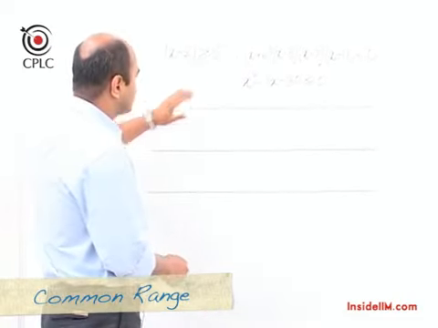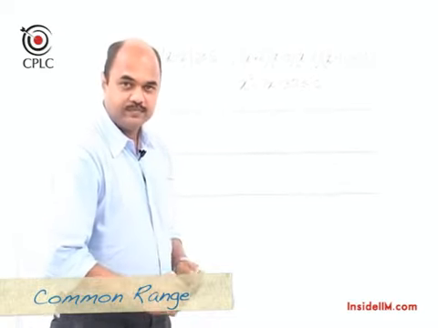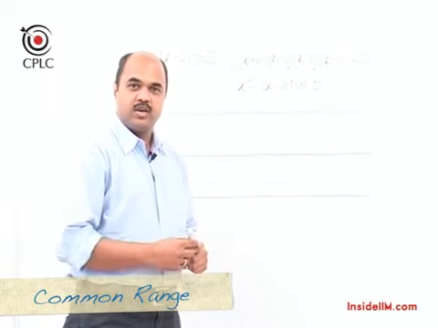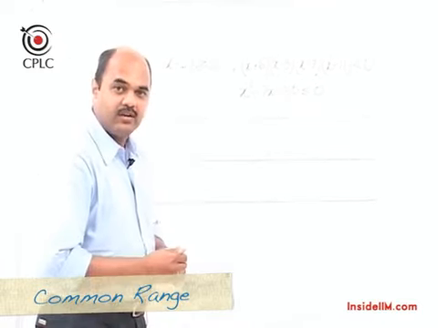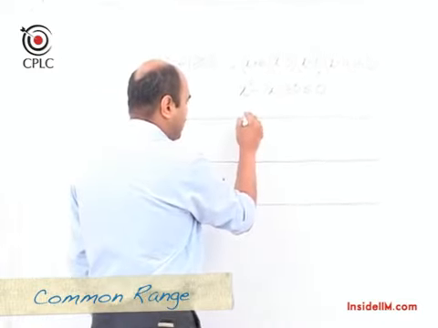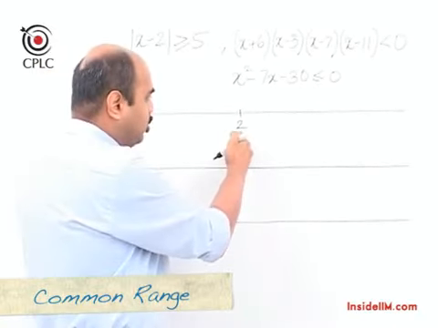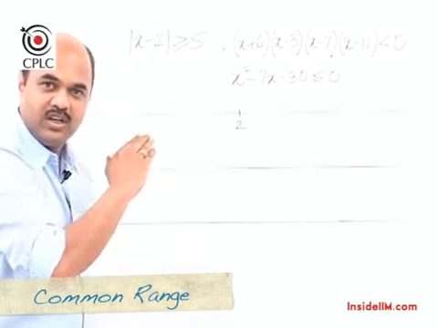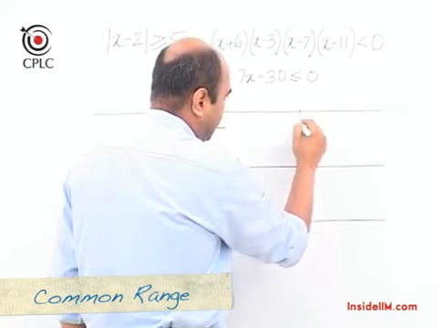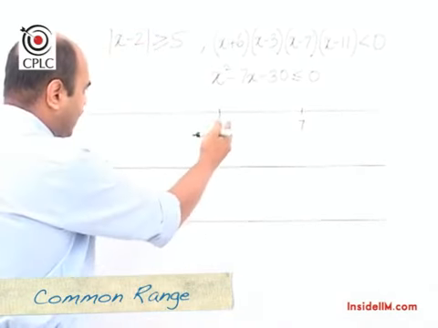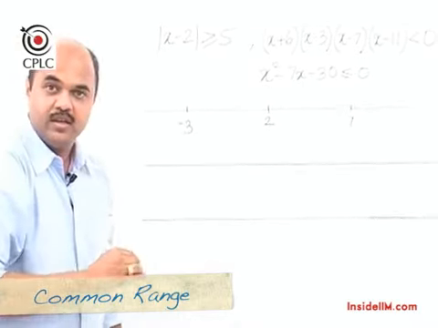Suppose we look at this first inequation, which is mod x minus 2 greater than or equal to 5. Going back to our earlier concept, it means distance of x from 2 is greater than or equal to 5. So suppose I plot point 2 here, then we are looking at distance from 2 being more than or equal to 5. So when I take 5 more on this side, I come to a point 7, and when I take 5 on this side, I come to a point minus 3.